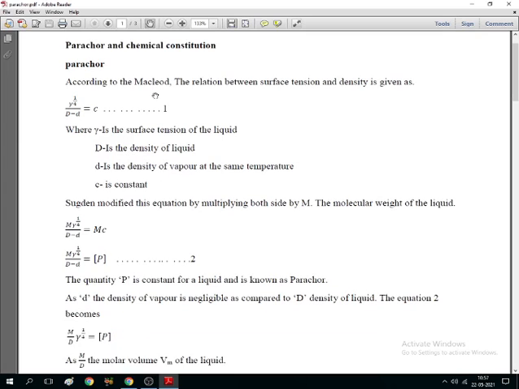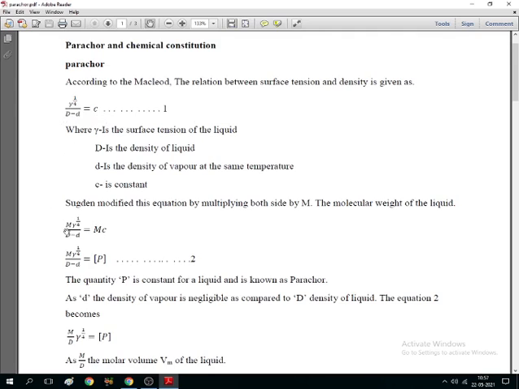Now this equation is given by Macleod, which gives the relation between surface tension and the density of the liquid. This equation was modified by Sugden by multiplying both sides by capital M, which is the molecular weight of the liquid. हे जे इक्वेशन 1 आहे याला दोन्ही बाजूला कॅपिटल M नी मल्टिप्लाय केला, जे की मॉलिक्युलर वेट आहे लिक्विडचं.